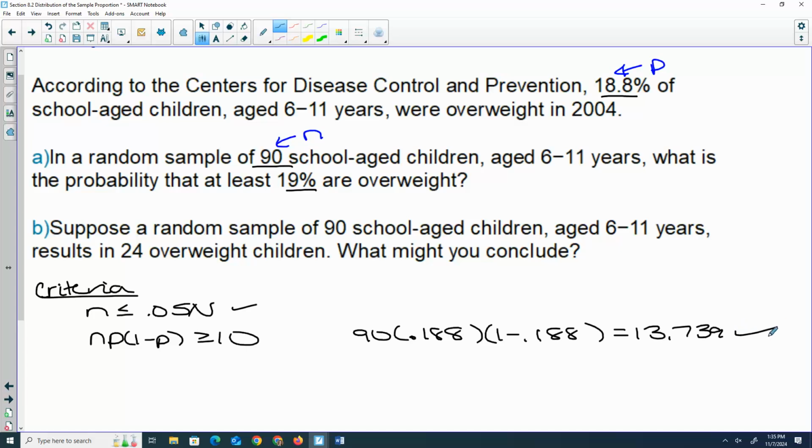So that does turn out to be bigger than 10. So these criteria are met, which tells me it's normal. That means we can do the z-score and our normal probabilities.